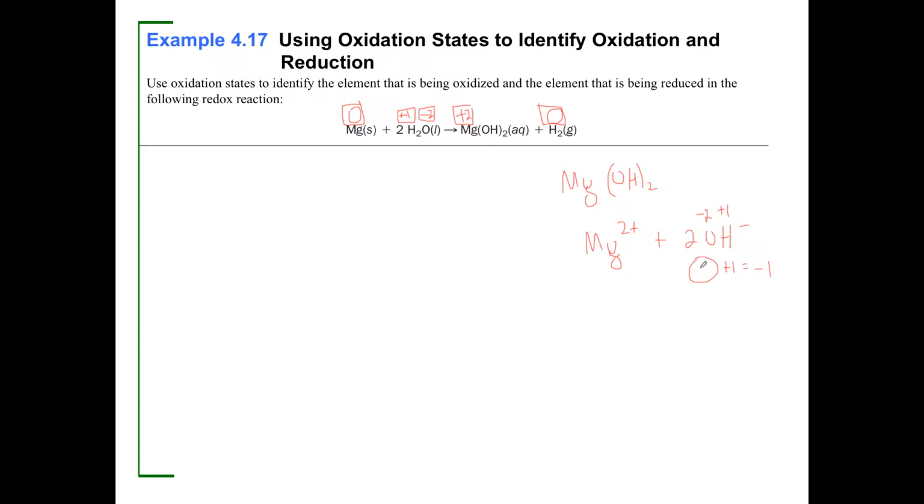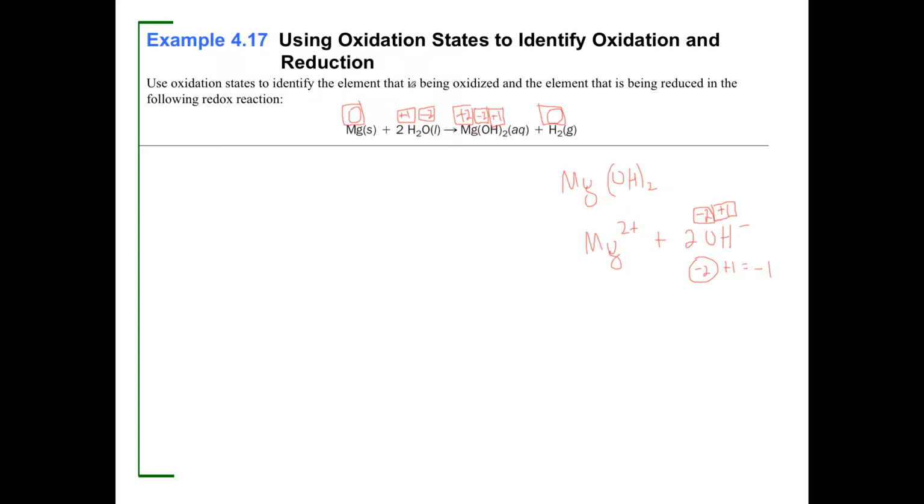And so this must be -2, and you've only got one oxygen here per hydroxide. And so that -2 is going to have to go all the way on that. So that's exactly what we thought, right? We predicted -2 and +1, and that's what we got. So this is -2, running out of space here, and +1, okay?